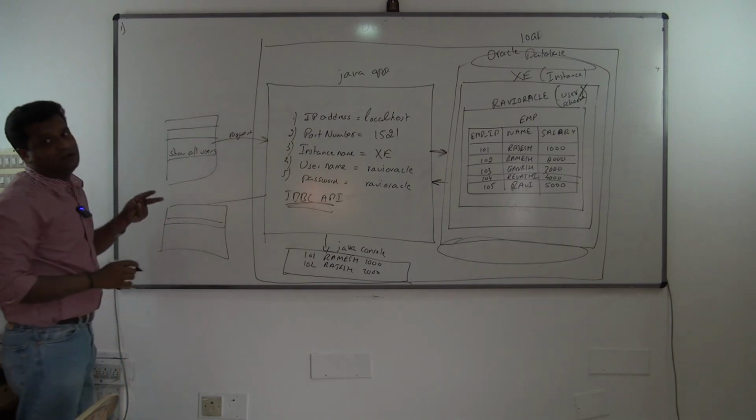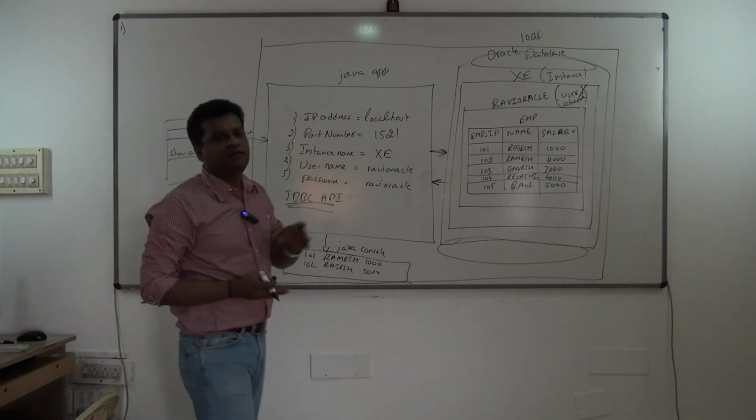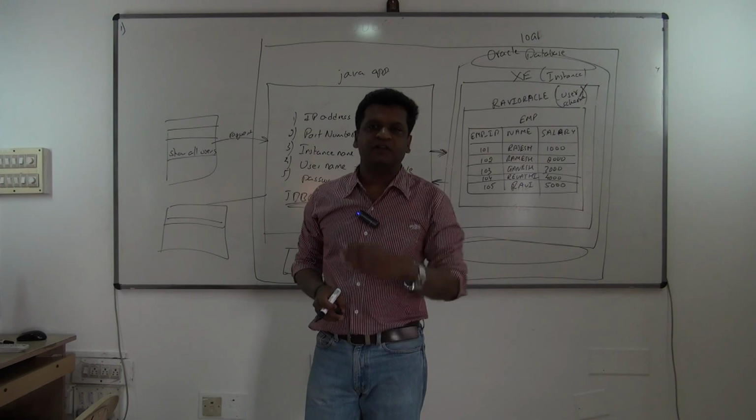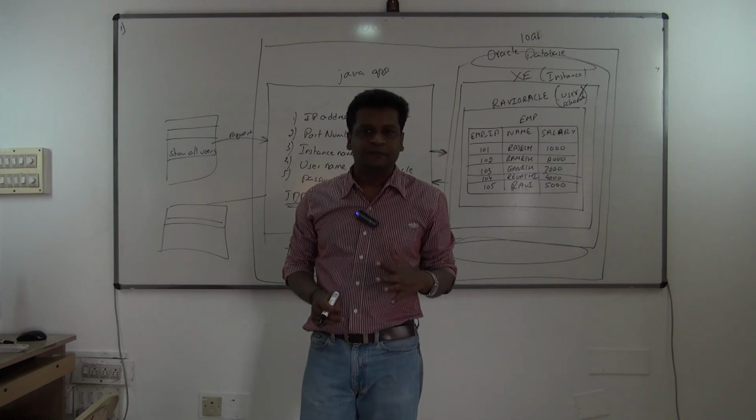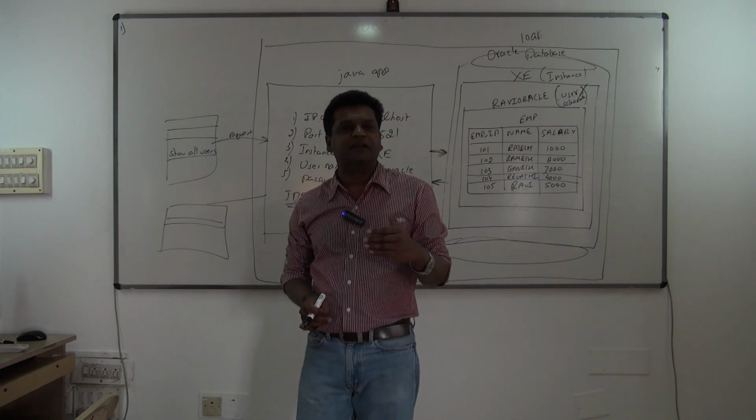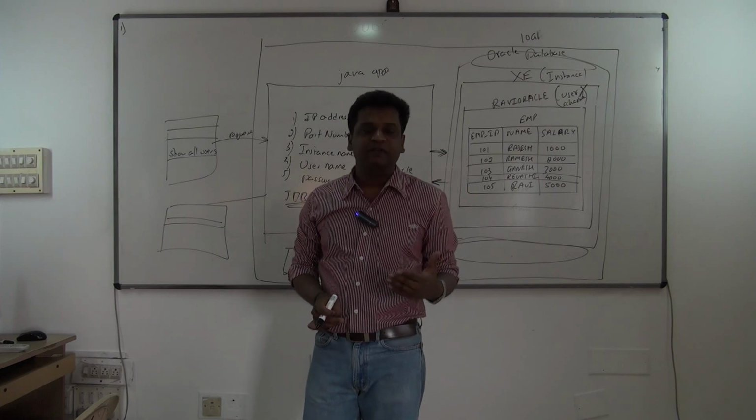There are some steps you have to follow. If you are coding in Java, there are hardly 4 or 5 steps. If you follow these steps, automatically you'll get the output. First we'll learn it in English, theoretically, then we'll start coding.